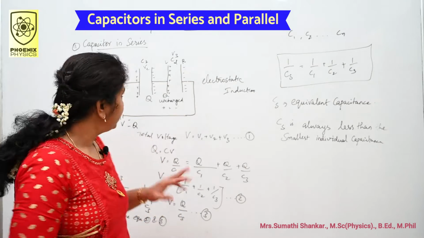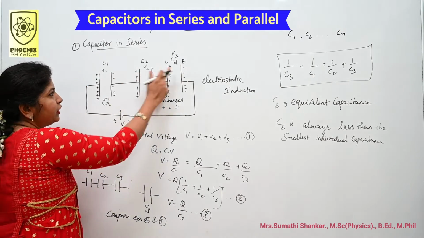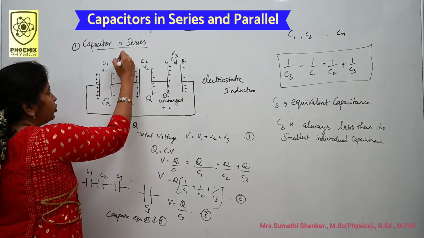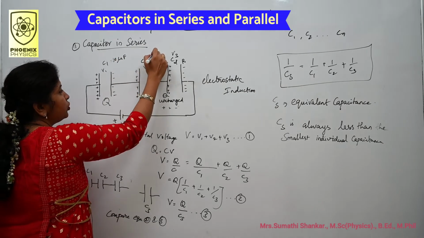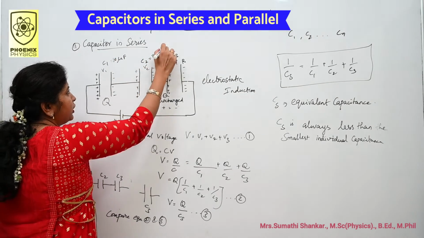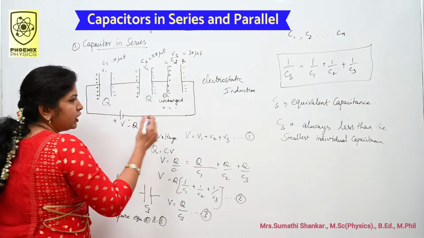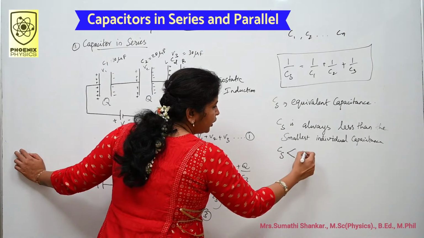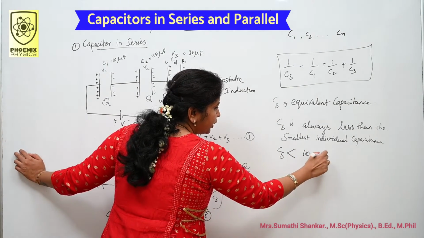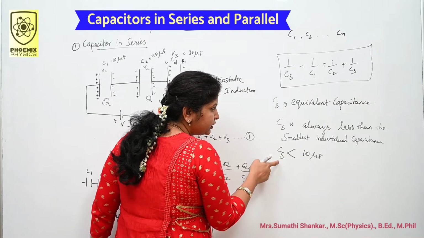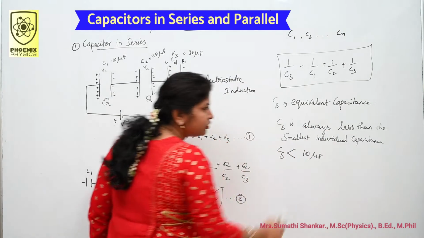What is the meaning? See, I have three different capacitance values. Say C1 is equal to 10 microfarad, C2 is equal to 20 microfarad and C3 is equal to 30 microfarad. Means CS is less than 10 microfarad, which means CS is always less than the smallest individual capacitance.